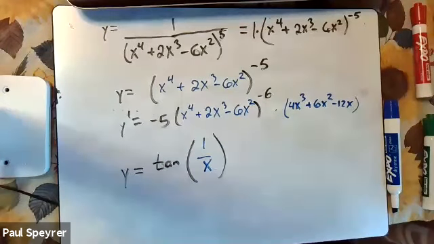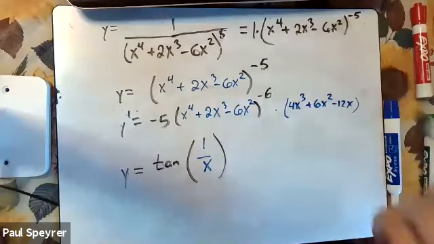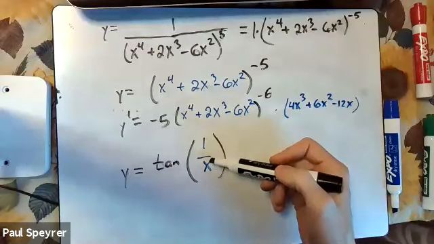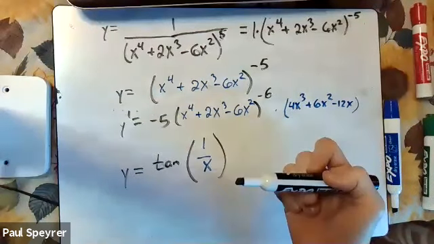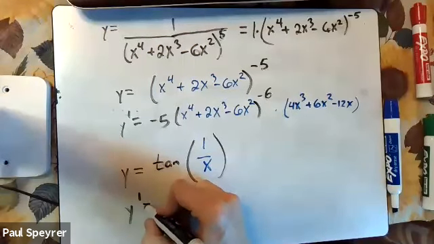Nasty looking thing. Again, chain rule. Why? Because you have a function trapped inside of another function. I have this 1 over x, an algebraic thing, trapped inside of a trig thing. So that calls for the chain rule.